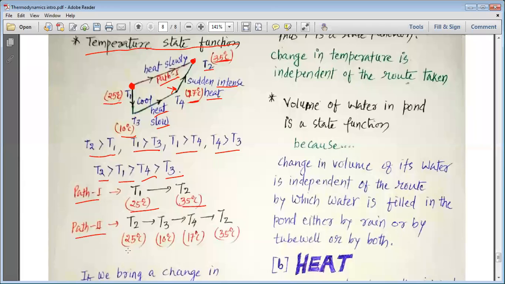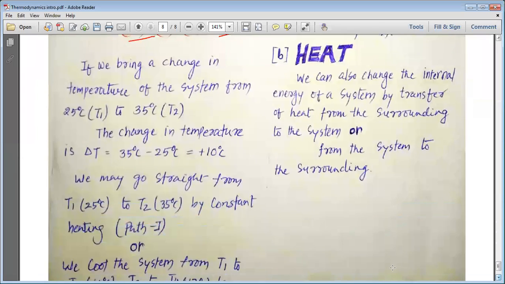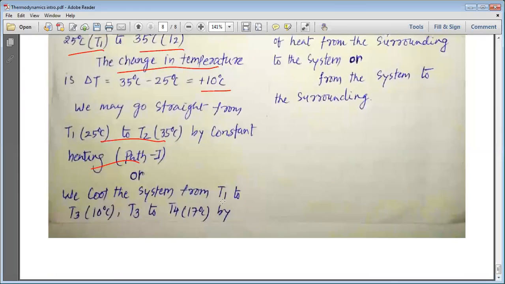In path 2, you go from 25 degrees centigrade to 35 degrees centigrade by cooling it first, then slowly heating, and then heating strongly. If we bring a change in temperature of the system from 25 degrees centigrade to 35 degrees centigrade, T1 to T2, the change in the temperature is plus 10 degrees centigrade. We may go straight from T1 to T2 by constant heating, that is path 1, or we cool the system from T1 to T3, that is 10 degrees centigrade.